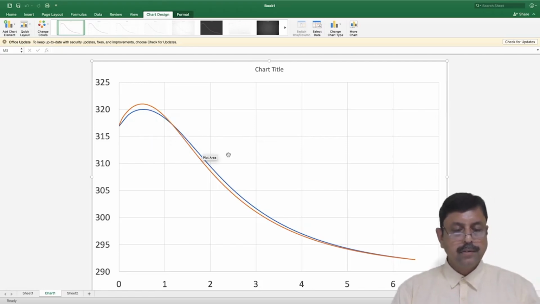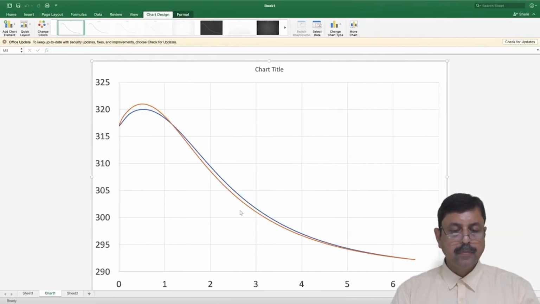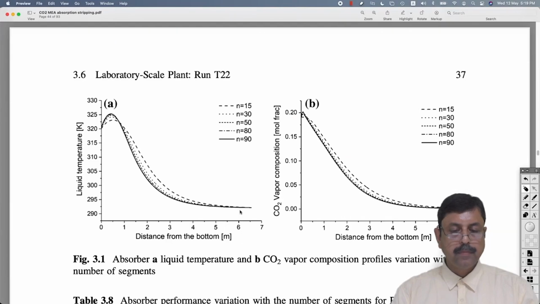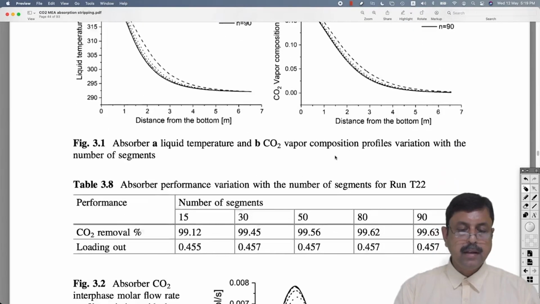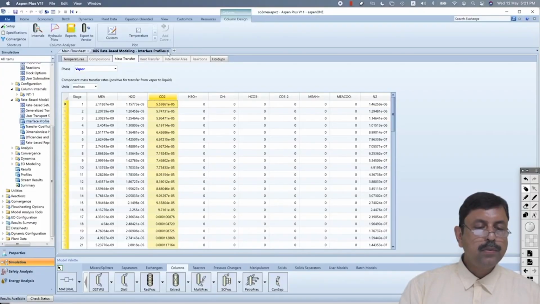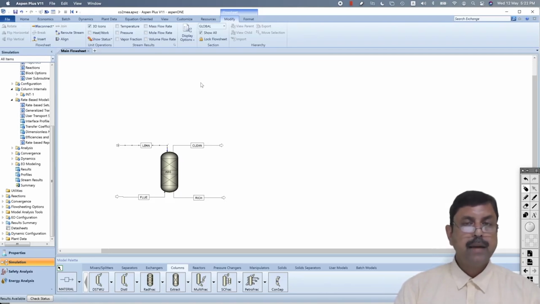Okay, so this one is very much similar to this one. Okay. So this one will also be similar. So that's how we do the rate-based modeling of absorption column for reactive absorption of CO2 in monoethanol amine.